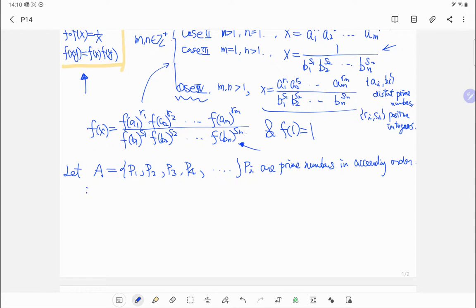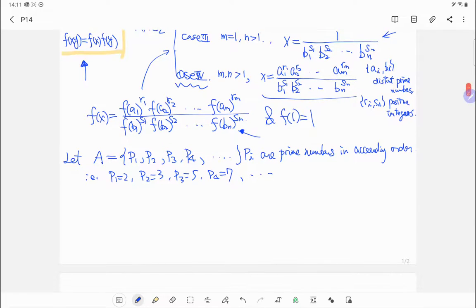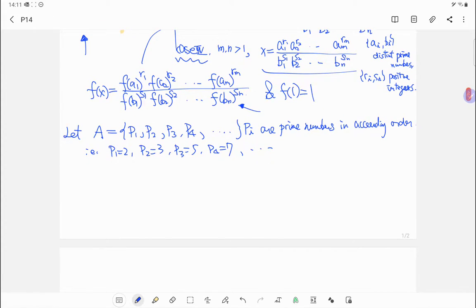In other words, P1 equals 2, P2 equals 3, P3 equals 5, P4 equals 7, up to infinity. So we try to queue up the prime numbers in order from small to large.